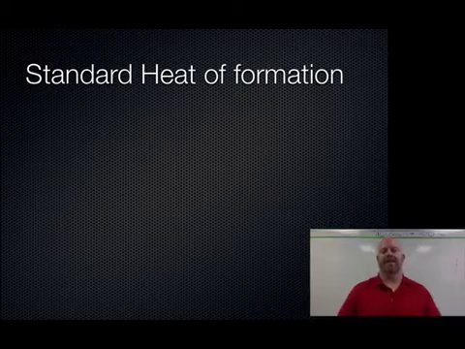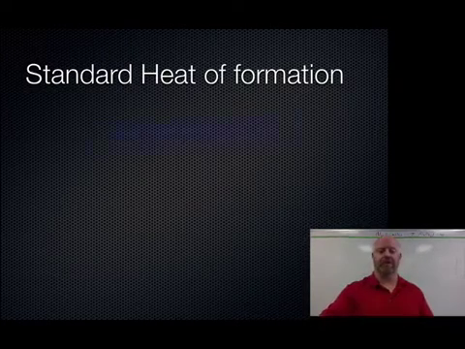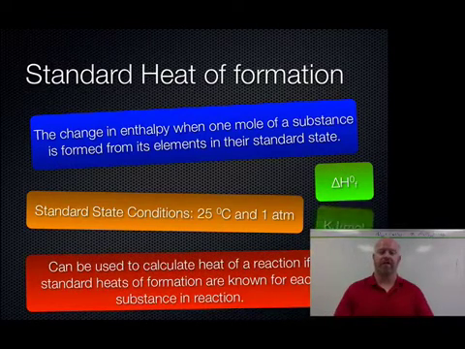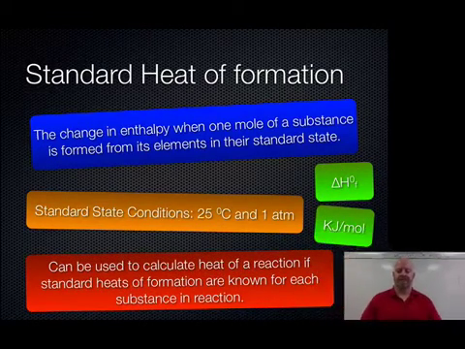To do that, we need to get a better idea of what a standard heat of formation really is. When a substance is created from its components, when we're making something from its most elemental steps, we can determine the energy change for that substance.